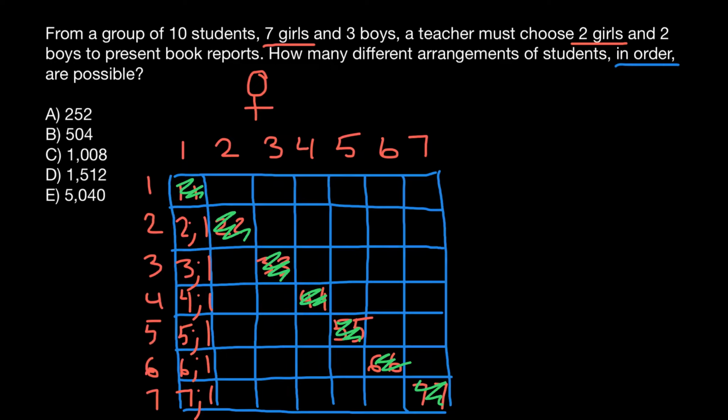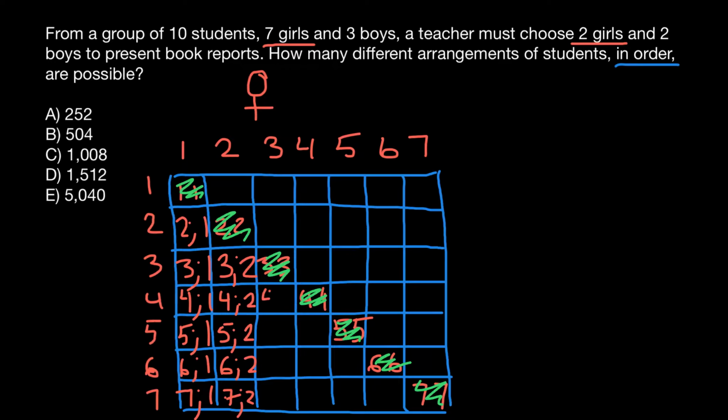Another combination can be girl 3 and 2, 4 and 2, 5 and 2, 6 and 2, and 7 and 2.